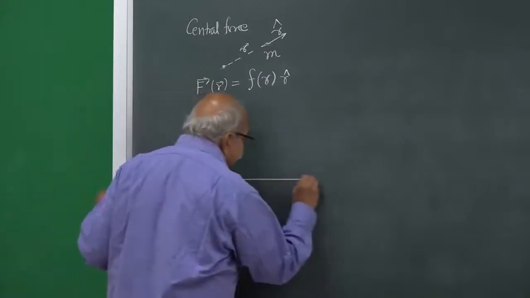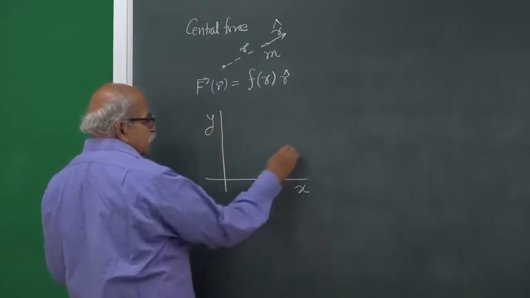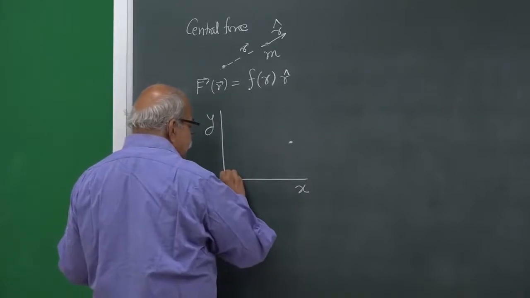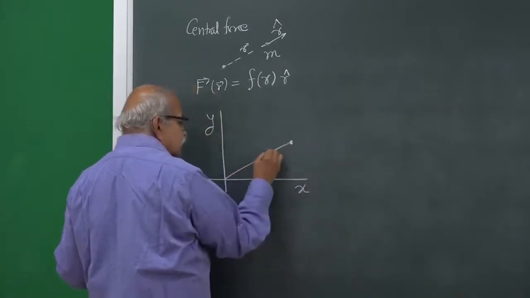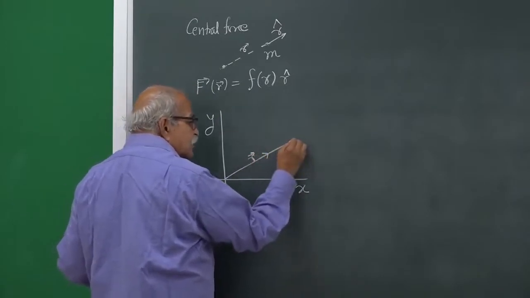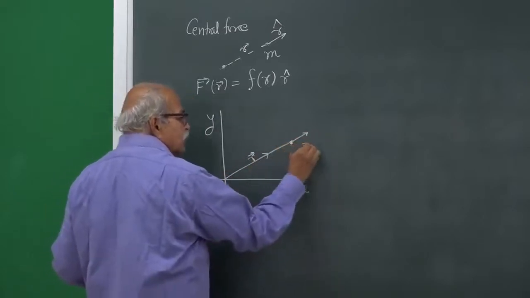So, I have x axis and y axis, and the particle is somewhere. If I join the position of the particle from the origin, this vector is the position vector r, and the unit vector along this position vector is known as r cap.